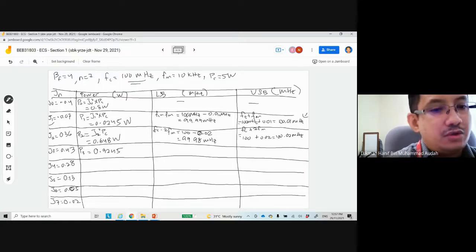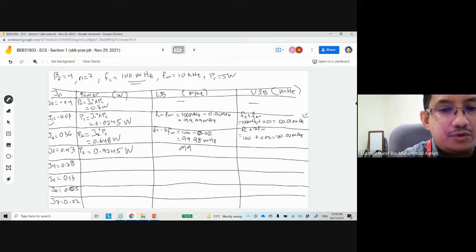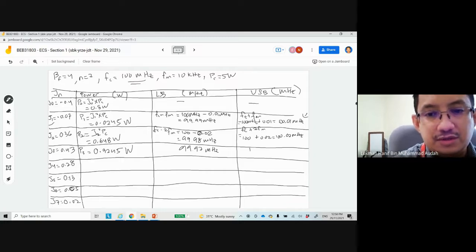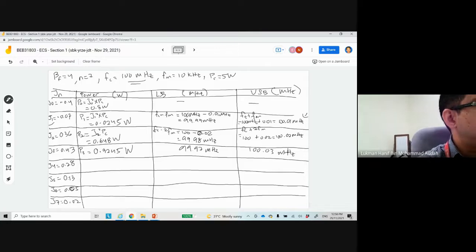So P3 di sini saya dapat 0.9245 watt. And then here is 99.97 megahertz. Here is 100.03 megahertz. And then P4 equals 0.392 watt.